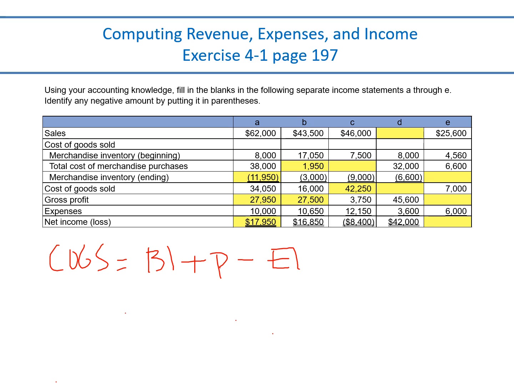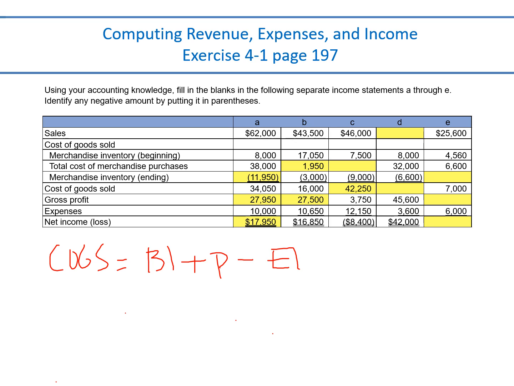Okay, so then I accidentally gave us the ending answer there of 42,250, but here's how we solve for that one. So we had 46,000 less some number for cost of goods sold equals 3,750. So if you know your sales are 46,000 and you know that your gross profit is 3,750, you can back into the 42,250 cost of goods sold, okay?